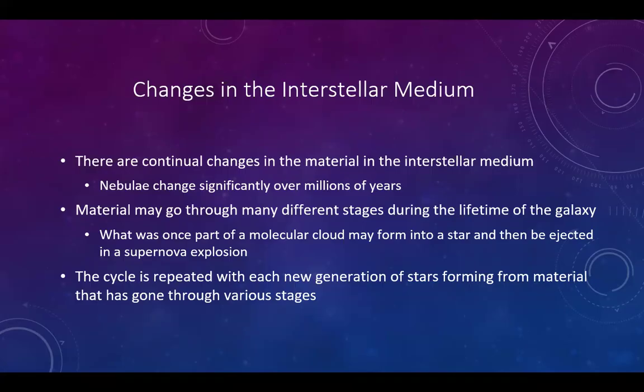This stuff is all moving around and mixing and changing. And this cycle gets repeated over and over again, with each new generation of stars forming from material that's gone through various stages. And you can't get planets and us without a few generations of stars having happened to generate the heavier elements that make us up.